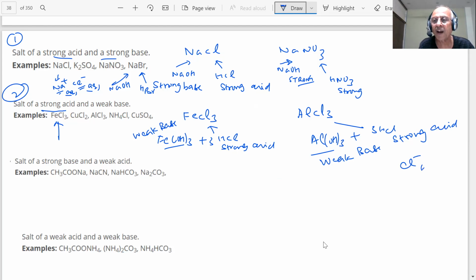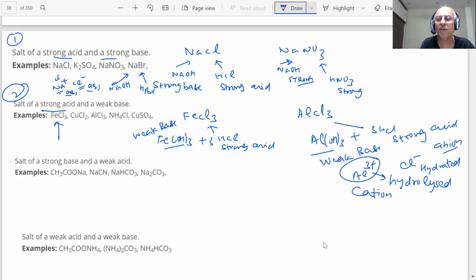Cl minus will get hydrated, whereas Al3 plus will be hydrolyzed because it is a cation of a weak base, and Cl minus is an ion of a strong acid.